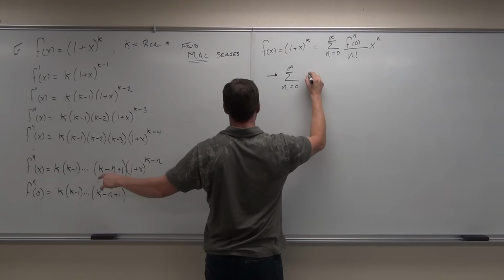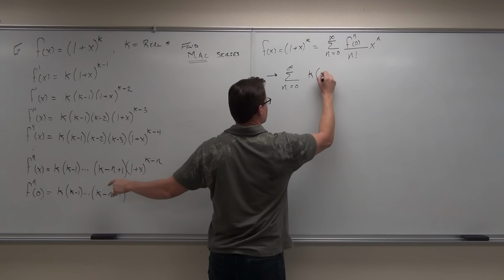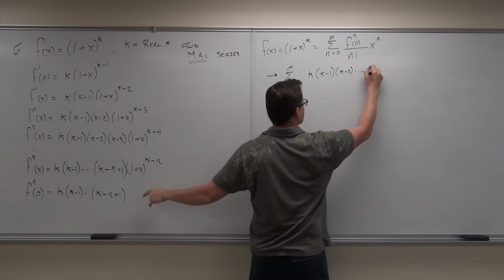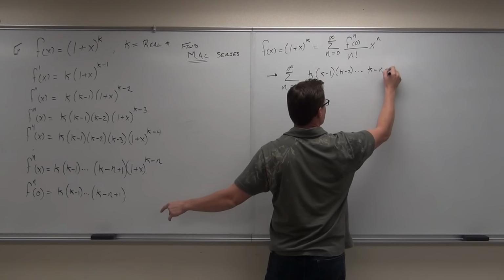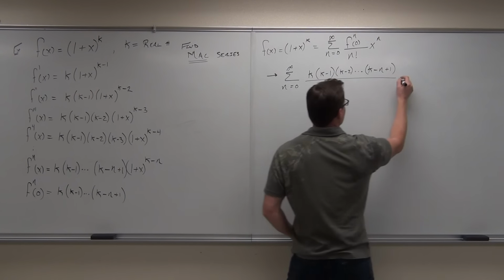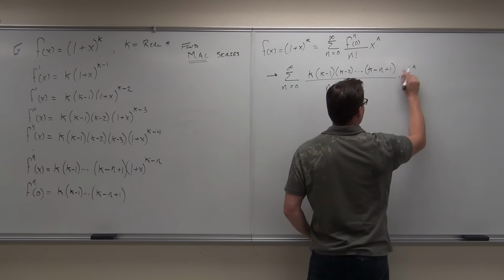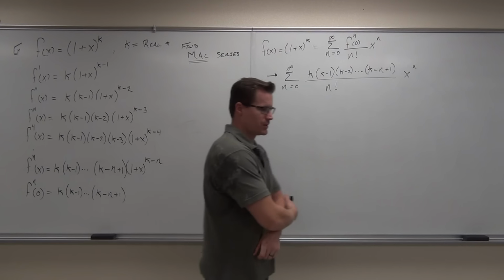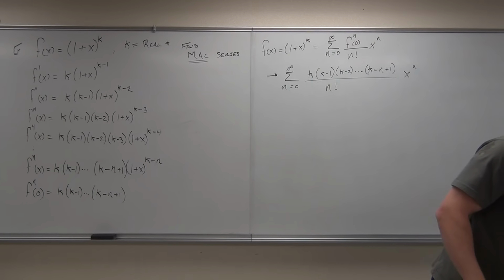We've got, oh my gosh, k, k minus 1, k minus 2, all the way down to k minus n plus 1, all over n factorial times x to the n. Goodness gracious me, that's a lot of stuff.